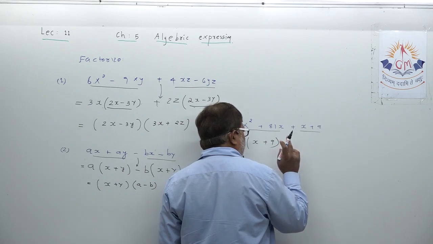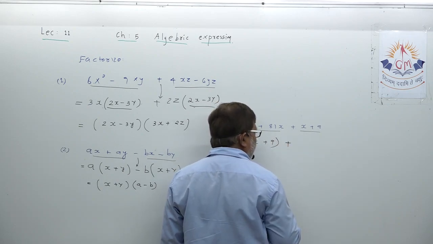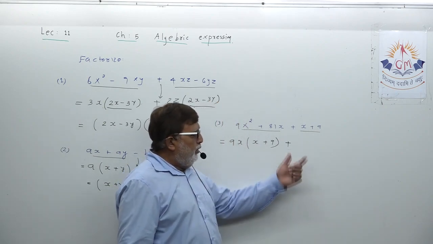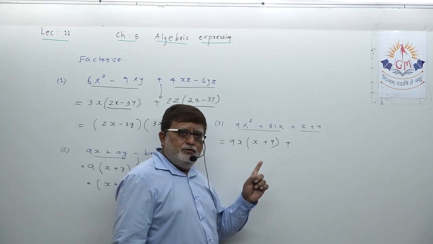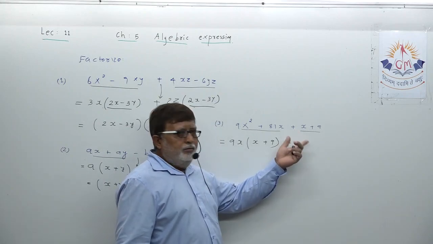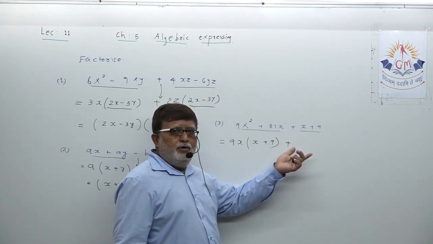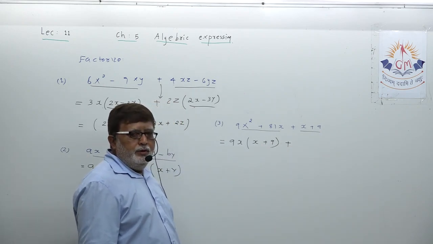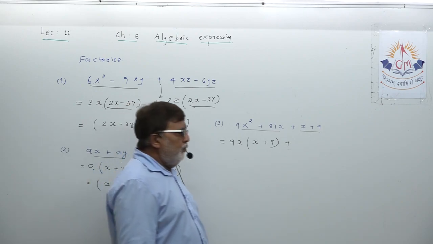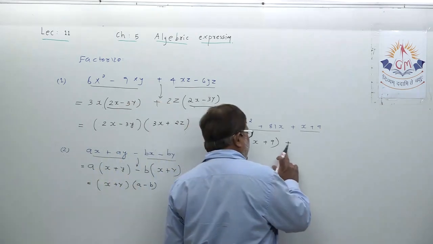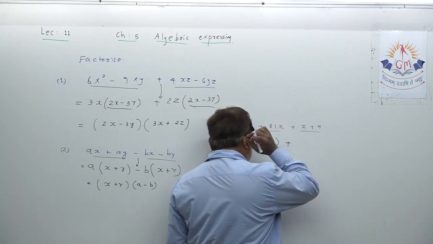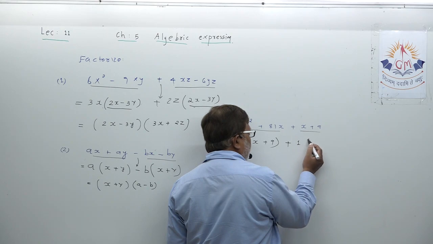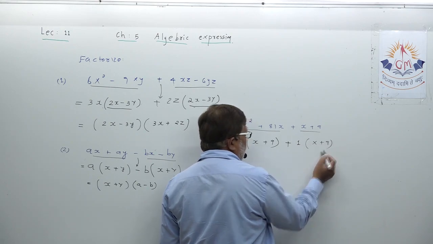Now dear student, I have intentionally taken this to make you understand one thing. Is there anything common between these two? No. Number? No. Variable? No. That means nothing can be taken out common from these two terms. When you come across such a situation that you cannot take out common, always write 1, okay, x plus 9.